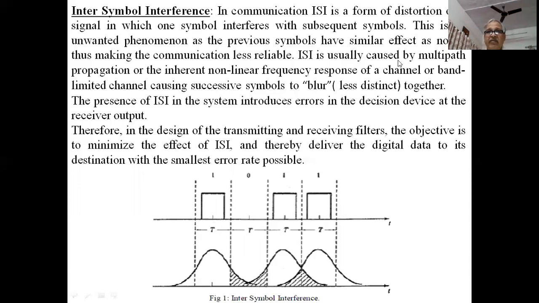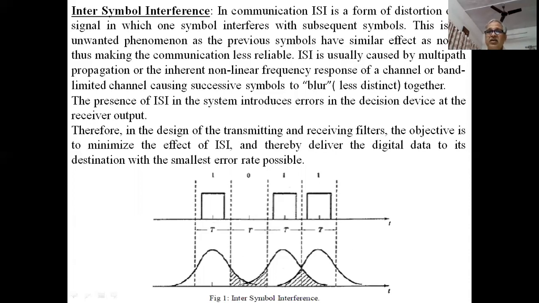This has an unwanted effect, as the previous symbol has a similar effect as noise, thus making the communication less reliable, because we cannot distinguish the pattern incident at the input side, and we observe at the output side not the same pattern as the input.